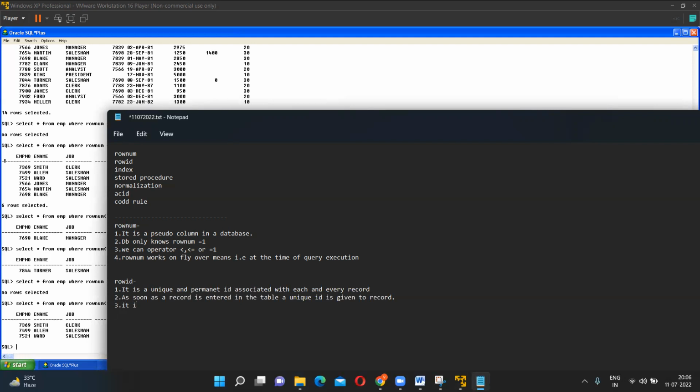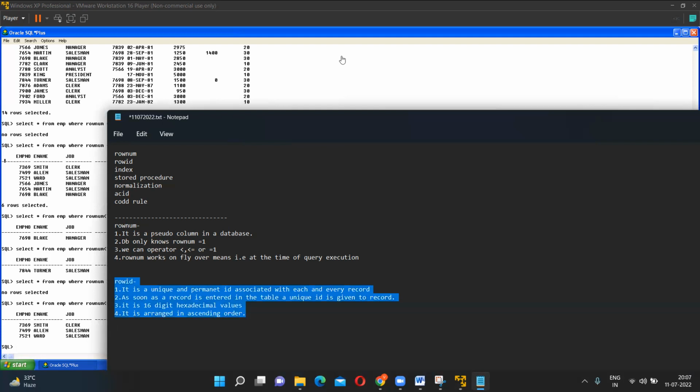It is a 16-digit hexadecimal value. It is arranged in ascending order. Four points, that's all. It is a unique ID associated with each and every record. As soon as a record is entered in a table, a unique ID is given. It is a 16-digit hexadecimal value, arranged in ascending order. Are you clear with these 4 points?